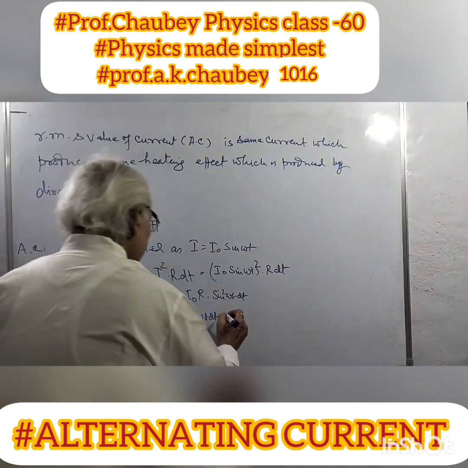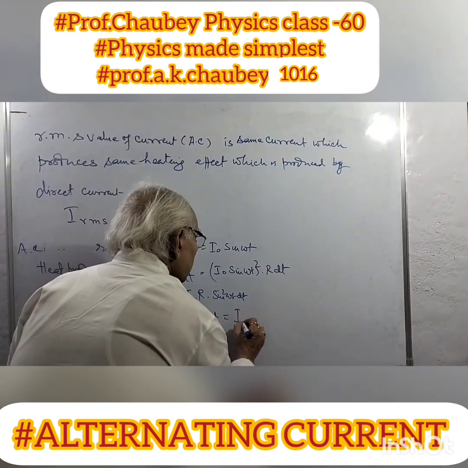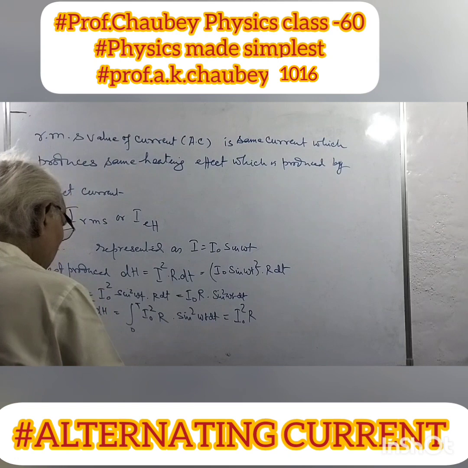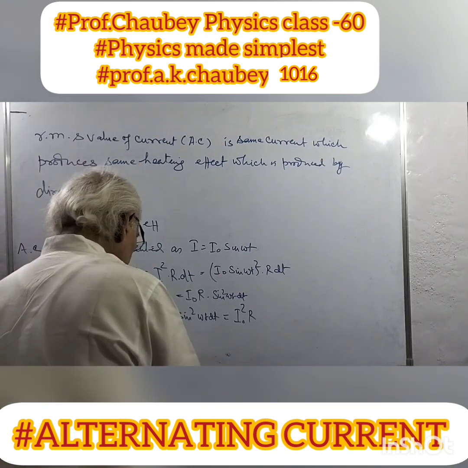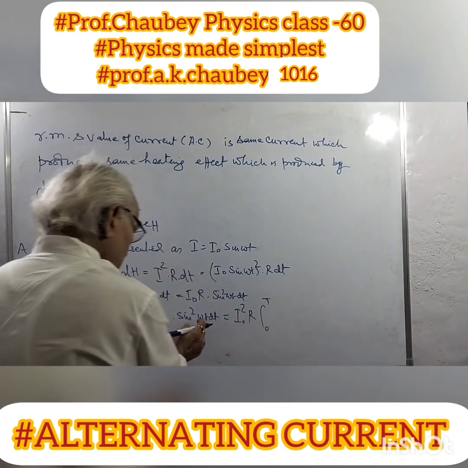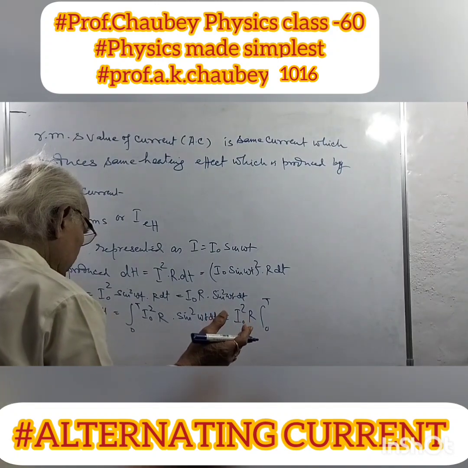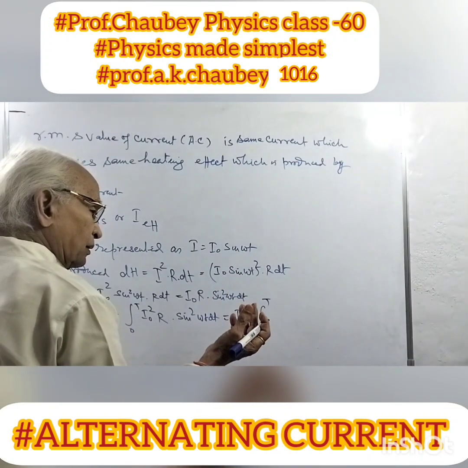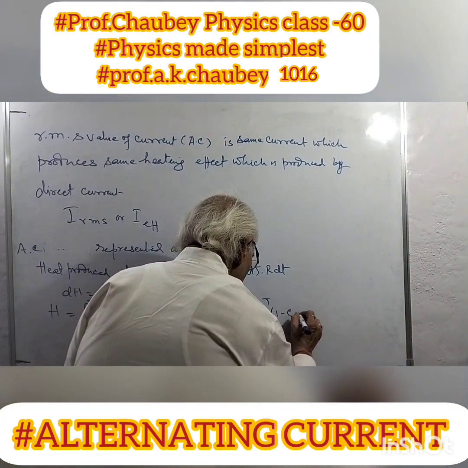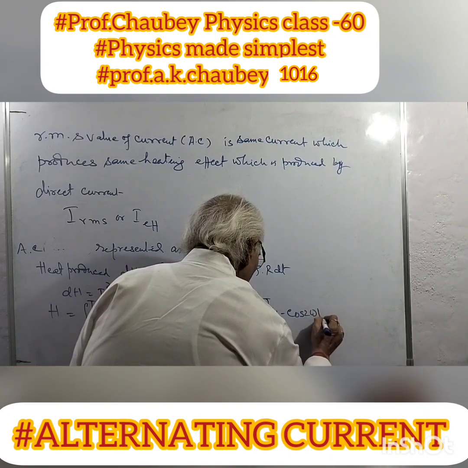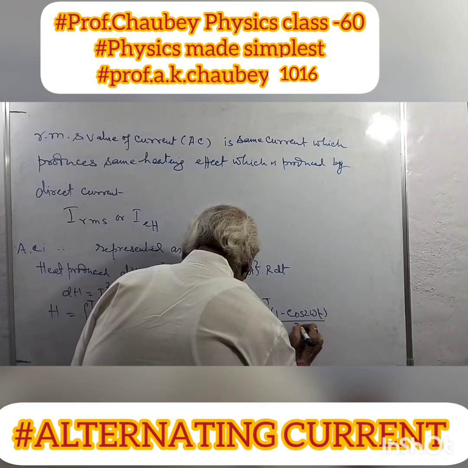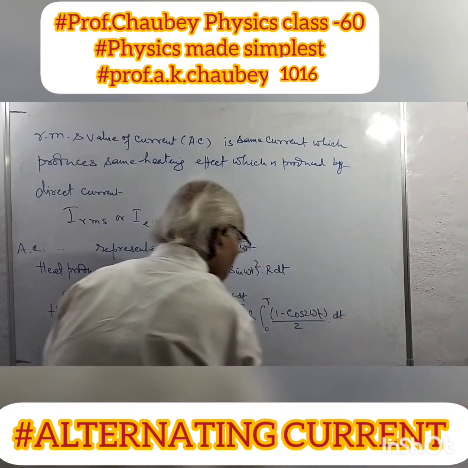We can write this as I naught square R outside and then integrate this integral from 0 to T of sine square omega t, which in terms of cos 2 omega t is 1 minus cos 2 omega t upon 2, dt.